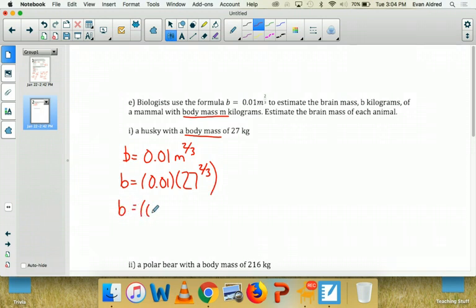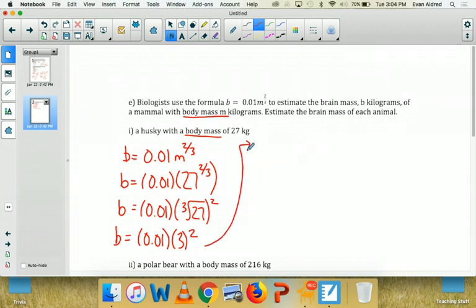So this is the same as saying 0.01 multiplied by the cube root of 27, and this is going to be squared. The cube root of 27 is 3, so we'll take this one step at a time. 0.01 multiplied by 3 squared. 3 squared, of course, is 9.